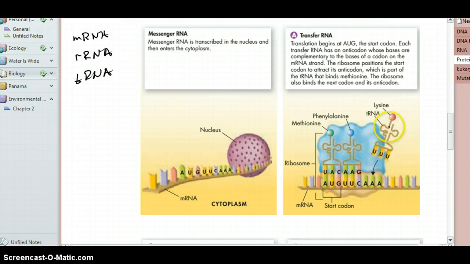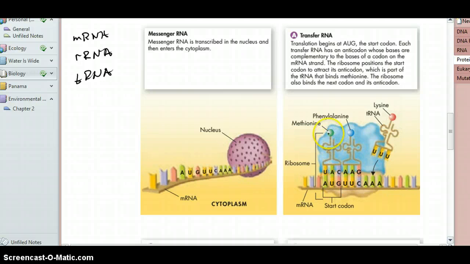The tRNAs bring the amino acids, and notice there's a group of 3 nucleotides on our tRNA that matches with the codon. So AUG, again, we know, corresponds with methionine.